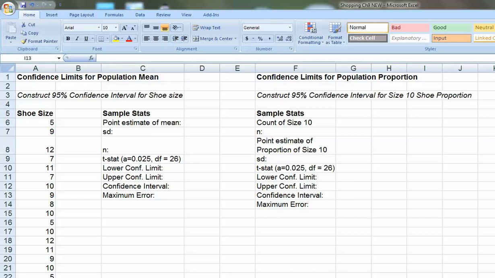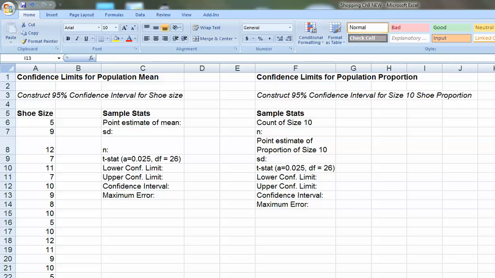How confident are we that the true value of the mean, that would be the population mean and not the sample mean, is included in an interval that we calculate?